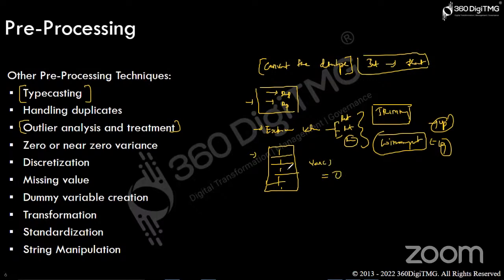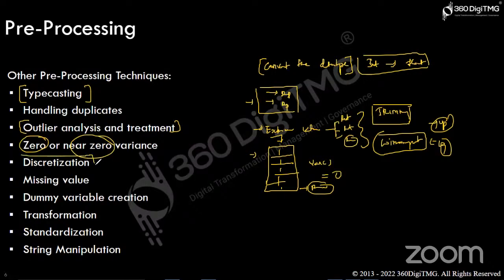That means this particular column will have no influence in my analysis. I have to ignore this column and work on the rest of my data. That is nothing but zero or near zero variance.